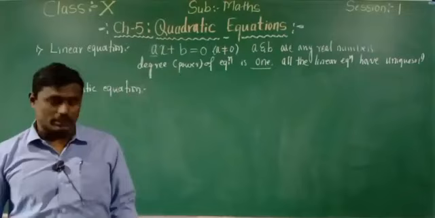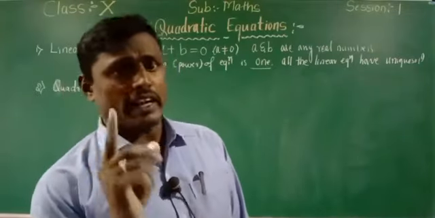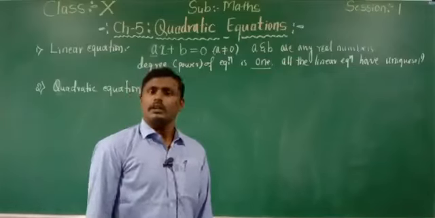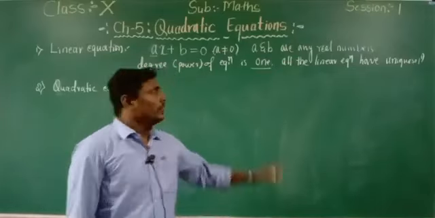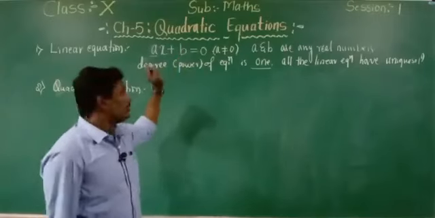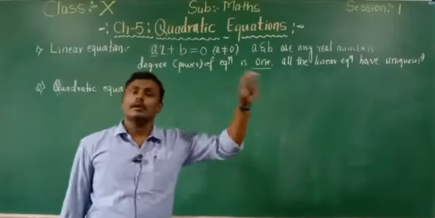We already know that we are classifying the equations on the basis of the powers of the variables. If a linear polynomial has a variable of power 1, then a quadratic equation has a power 2.